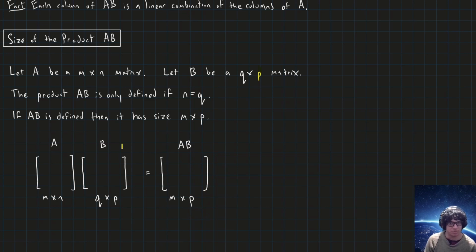If we look at this setup here, we have A times B. To check if it's defined, we compare the inner numbers here, n and q. If they're equal, then it's good. That means AB is defined. And then the resulting AB will have size equal to the outer numbers here, m times p. So an m by p matrix.